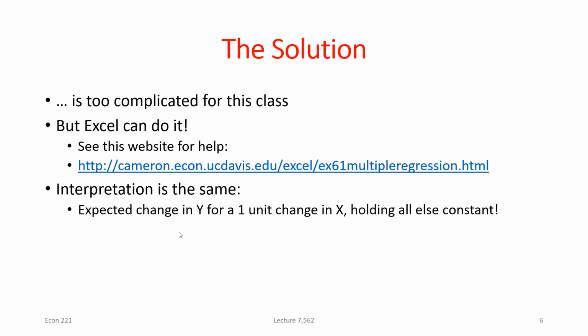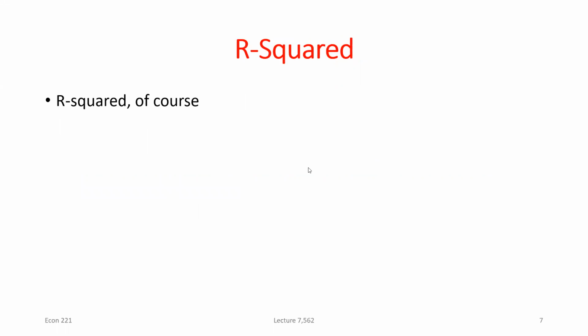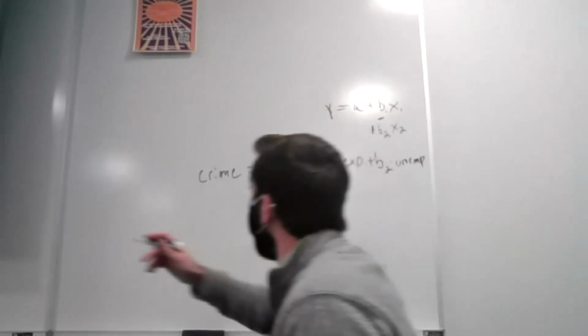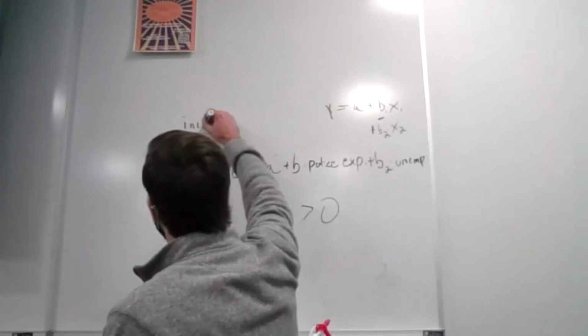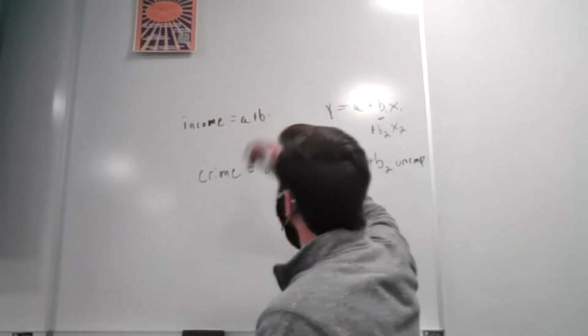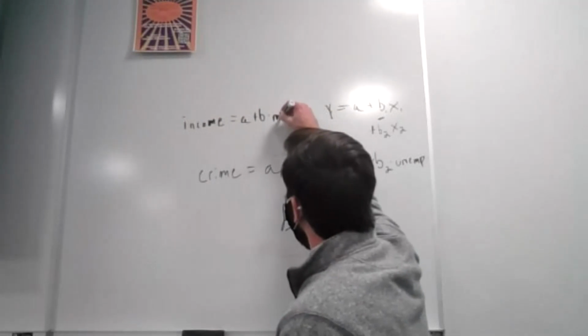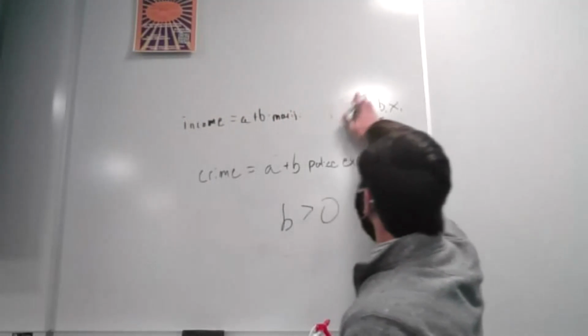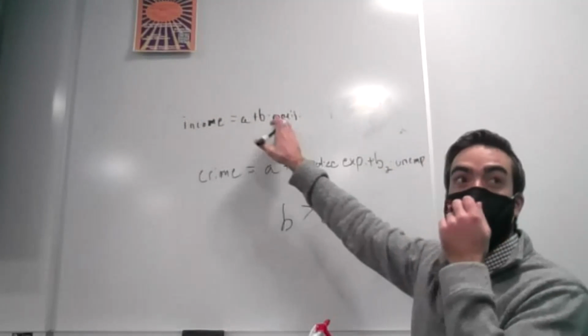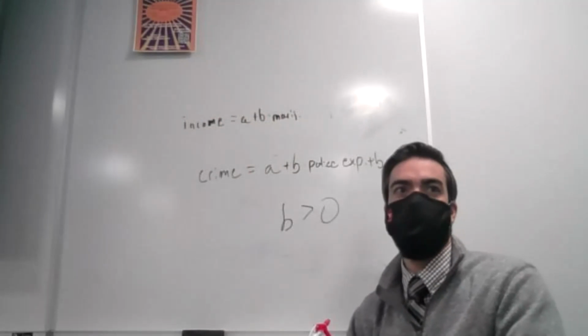Right? So, as we add in additional variables, you can think about, if I'm trying to predict income, and all I have is that marijuana variable, I'm probably not going to be able to, just using this data, come up with a really good prediction of income, right?